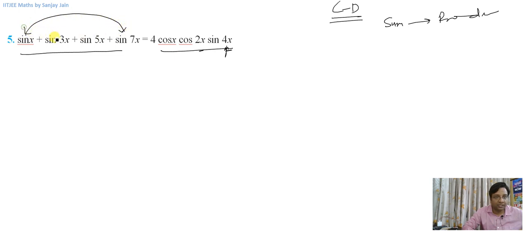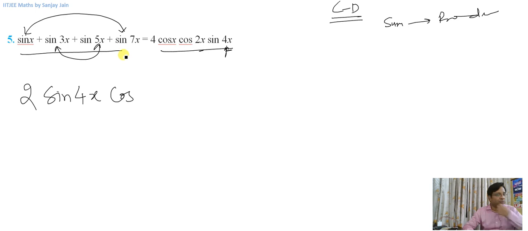So I'll regroup these expressions like this. So I'll apply CD formula on sin x and sin 7x. So that will give me sin c plus sin d, so 2 sin (c plus d)/2, that is 4x, cos (c minus d)/2. So it will be minus 6x by 2, that is minus 3x, or cos minus theta is cos theta itself, so I'll write 3x directly.